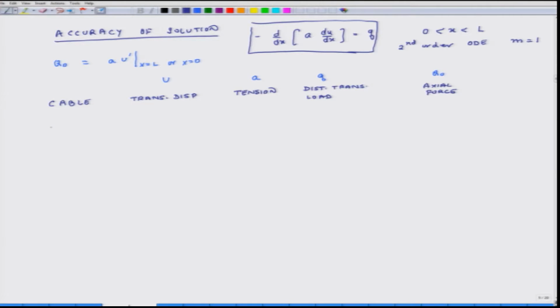This also represents displacement in a bar under axial tension, and here U represents axial displacement. And A represents Young's modulus times cross sectional area at position x.